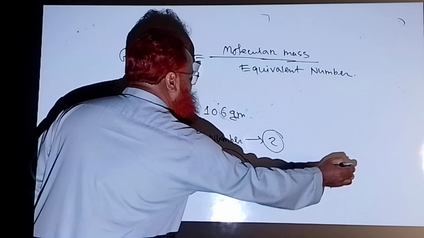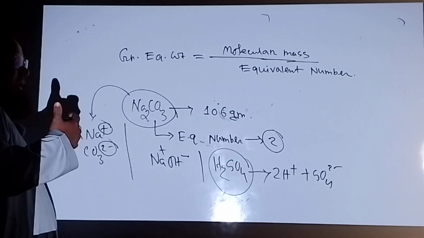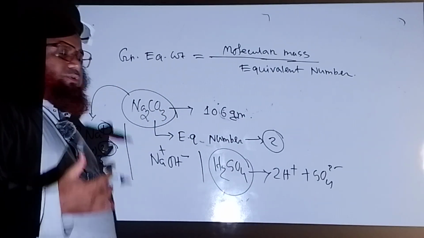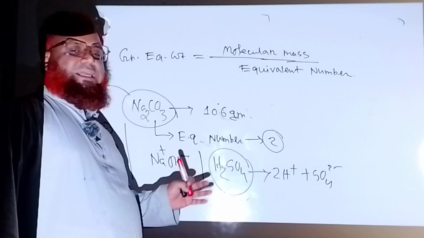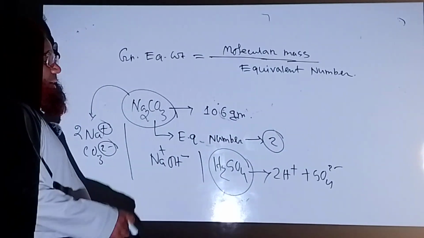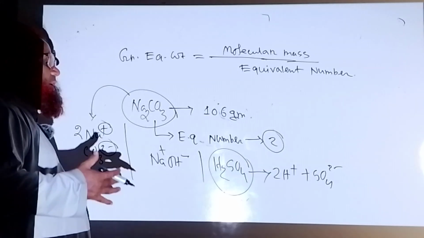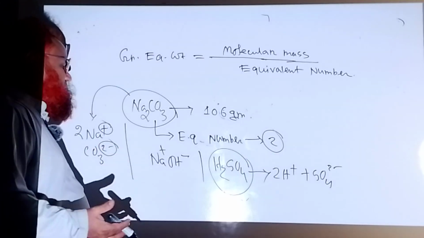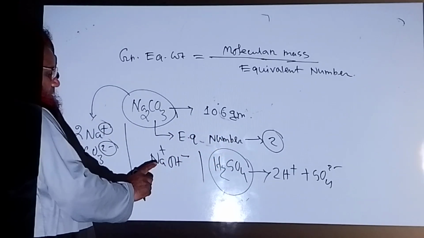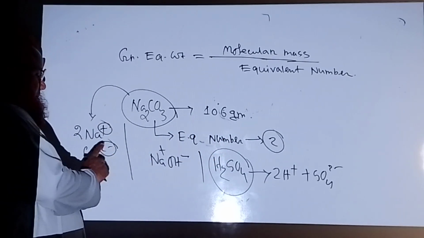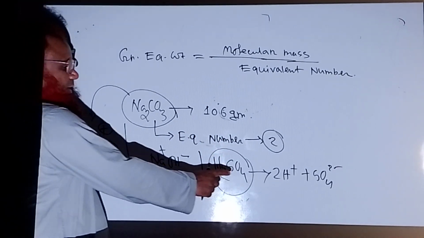So, here we will count the total number of positive or negative charge in these molecules, just the value or magnitude, not the sign, okay. Now, equivalent number of sodium carbonate is 2, sodium hydroxide is 1, sulfuric acid is 2, okay.